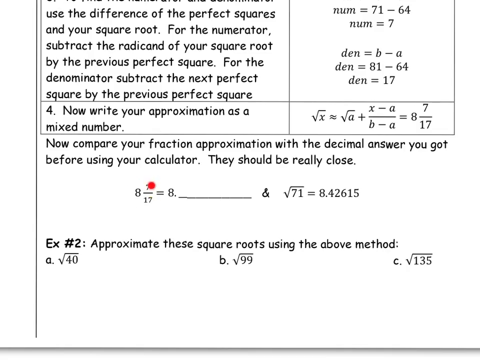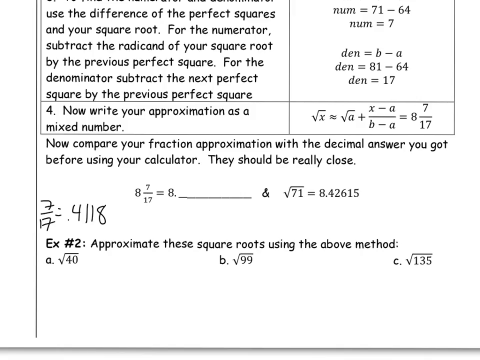So here's how I recommend doing it. Just start off by doing 7 divided by 17 in your calculator. So go ahead and just do that. 7 divided by 17. And I get a decimal that looks like 0.4117, okay? So when I just did 7 divided by 17, I got about 0.4118, and I rounded.